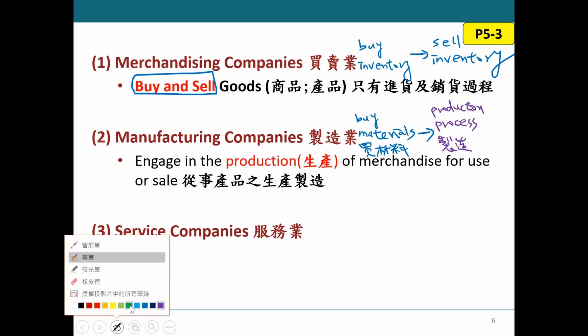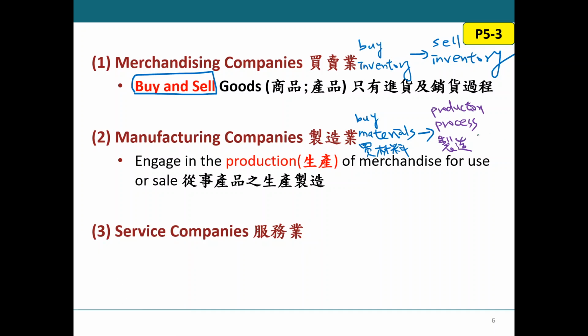After that, you could come out with the product, then sell it to customers. So sell your inventory.